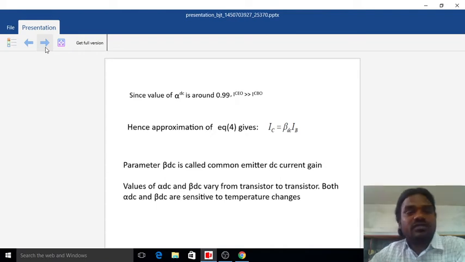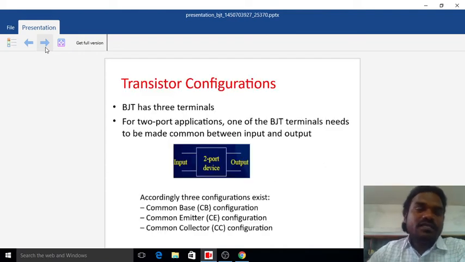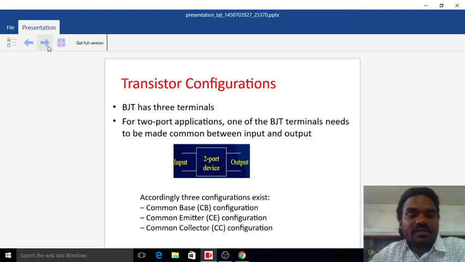Then we are going to talk about another important thing in the transistor, called transistor configuration. Just now I explained that the transistor has three terminals: emitter, base and collector, and any transistor can be treated as a two-port network.